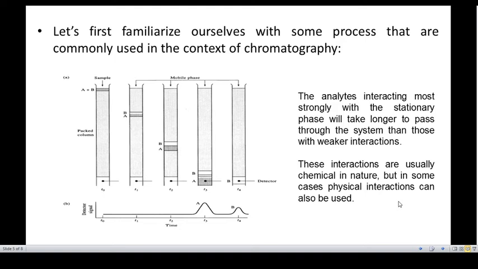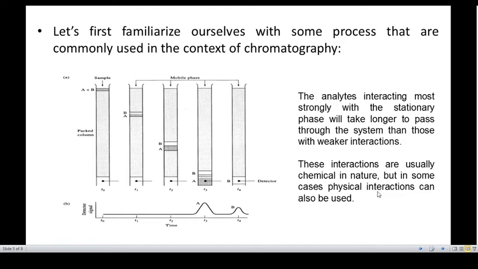If you take a mixture of compounds, a component that strongly interacts with the stationary phase remains for a longer time in it. Those components which do not interact strongly can be easily carried through the stationary phase.